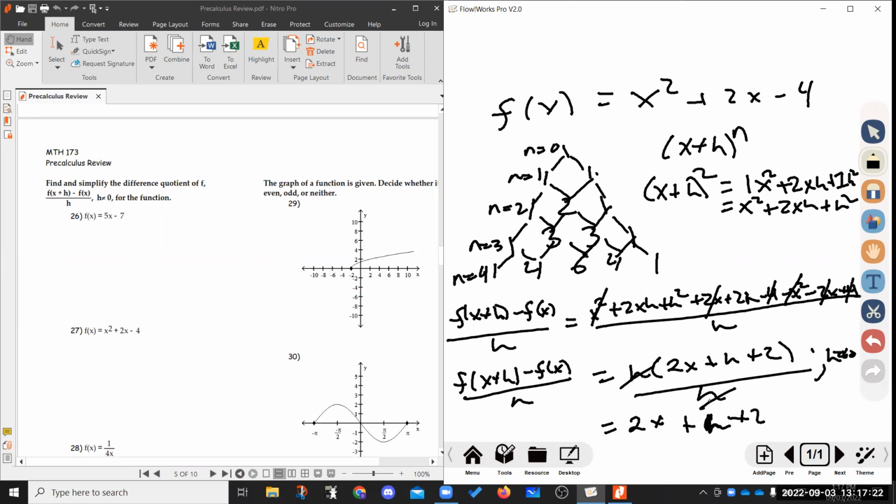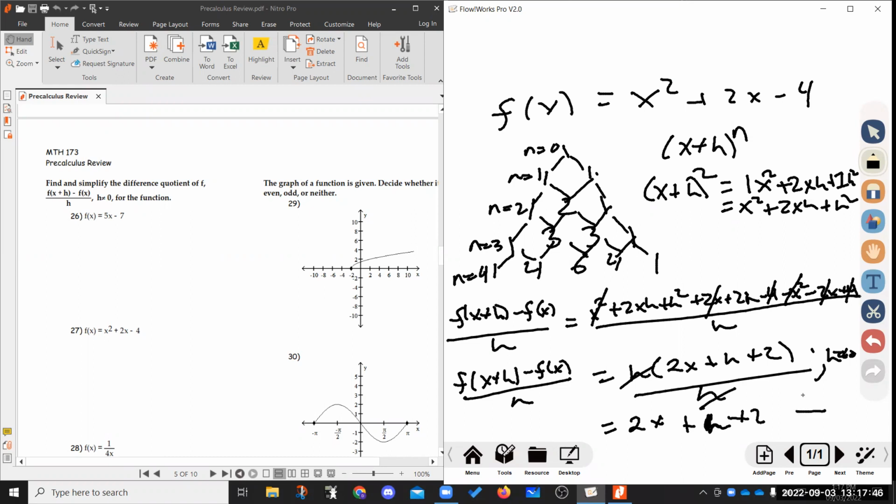That tells me that the slope at any point on the quadratic is not just based off of the x value, but it's going to be based off of how far away I get for that second point. The further I get away, the steeper the slope of the secant line is going to be.